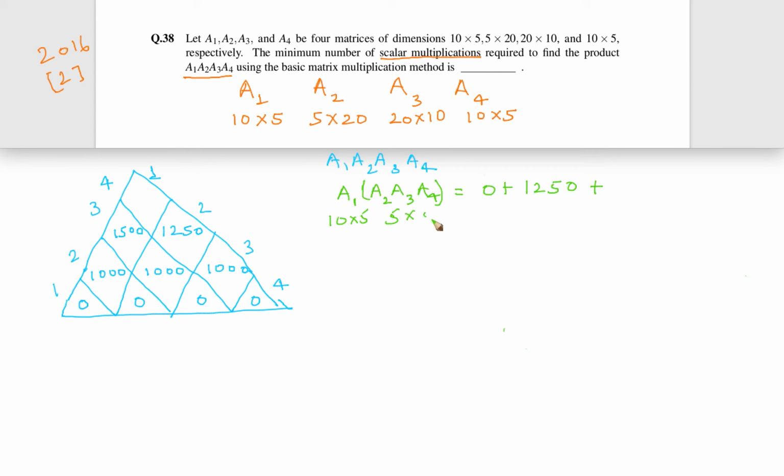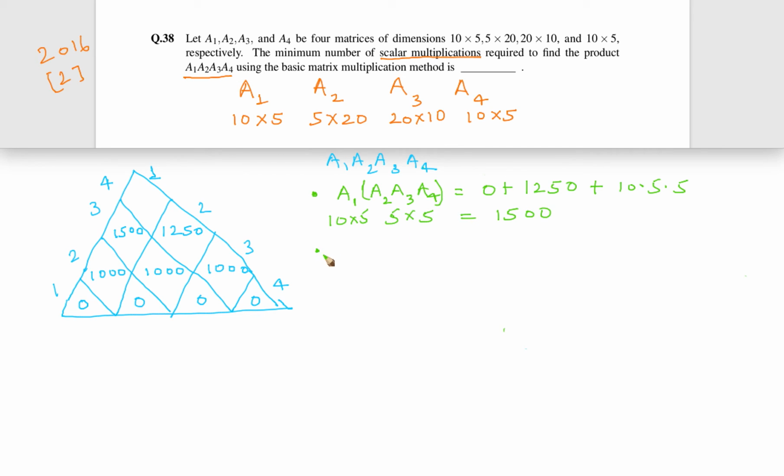So the resultant matrix of these three matrices is multiplied with A1. When these two dimensions are multiplied, the number of scalar multiplications will be 10 into 5 into 5, which is 250, plus 1250, which is 1500. Okay, so this is one way.